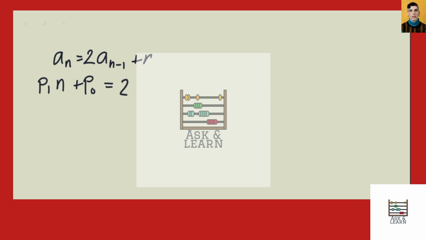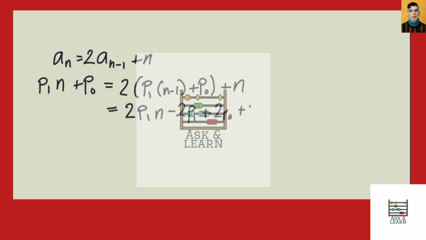So we get 2 times p1 times (n minus 1) plus p naught, plus n. We can expand that, so it's going to be 2p1 times n minus 2p1 plus 2p naught plus n.